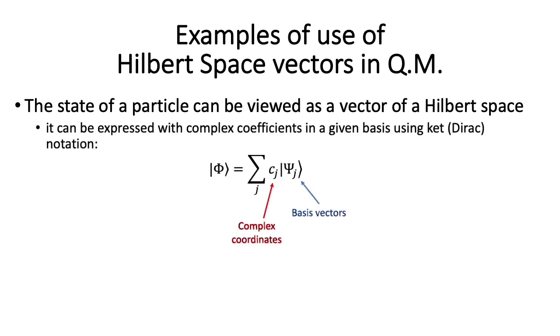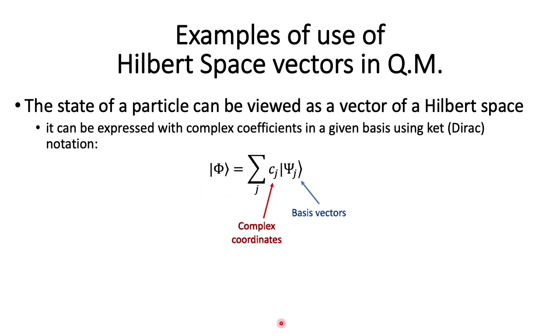So, the nice thing about Hilbert spaces is that they are vector spaces, and therefore you can express all of their vectors using basis vectors, which means it's a sum of coefficients here, which are called the coordinates, and which are complex numbers in our case, with the basis vectors here, and any vector in the Hilbert space will be able to be expressed as a sum like that.